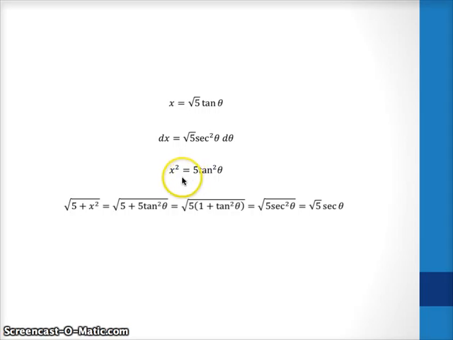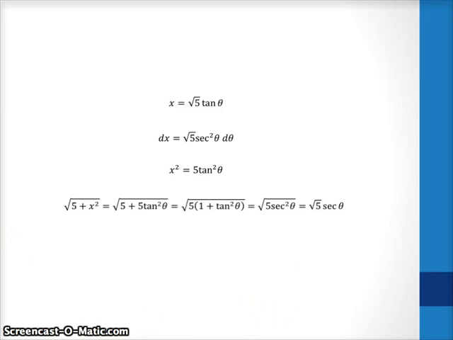And if you know what x squared is, you can say that the square root of 5 plus x squared equals the square root of 5 plus 5 tangent squared, which equals, if you take out a 5, the square root of 5 times 1 plus tangent squared, and 1 plus tangent squared equals secant squared, so it equals the square root of 5 secant squared, which equals square root of 5 secant theta.